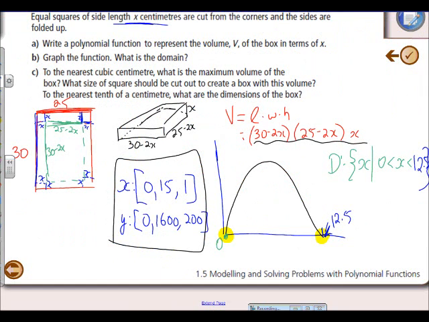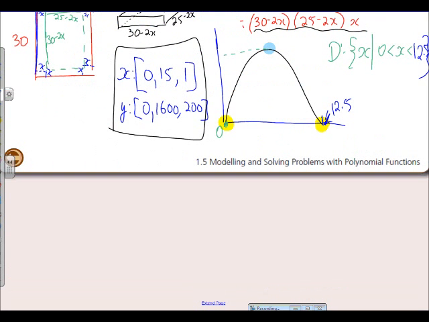To the nearest cubic centimeter, what is the maximum volume? Okay, where do we want maximum volume? We want to cut right here and find out what that maximum is. So to calculate your maximum, second, calculate, which is on the trace key, and we're going to number 4, which is the maximum.